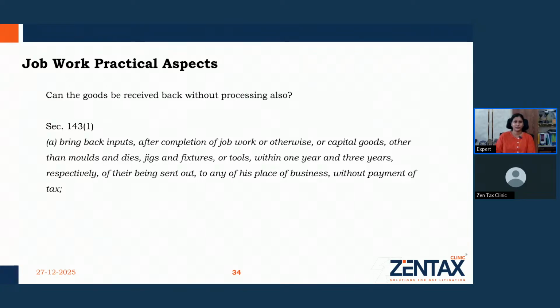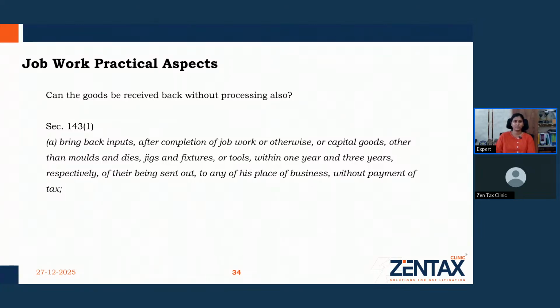Another practical scenario is, can the goods be received back without processing? Many people have this doubt: if I send the goods for job work, can I get back the goods without doing any process?